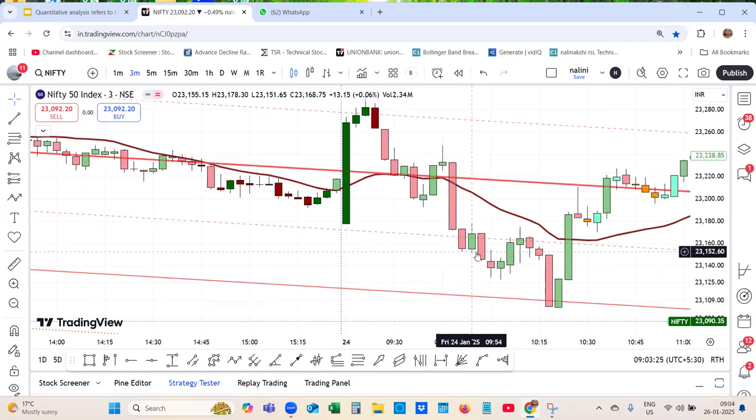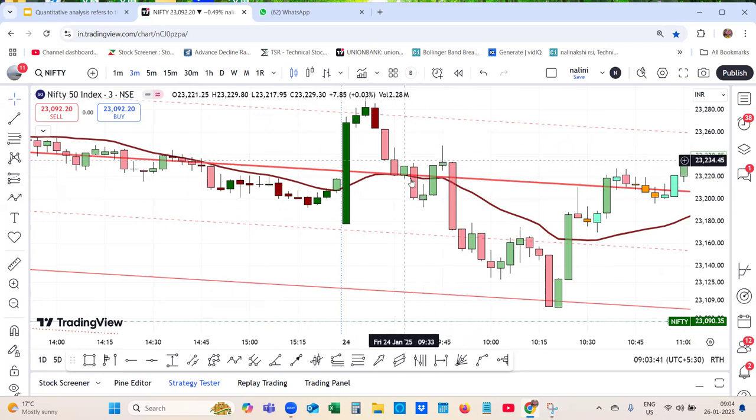So there is 100% clarity in your mind as an intraday trader, not acting on these green candles. Many people act on these green candles as a reversal and they get stopped out. Definitely they will get stopped out.